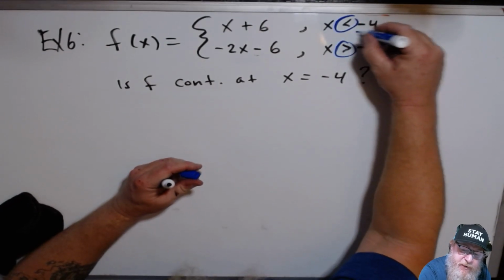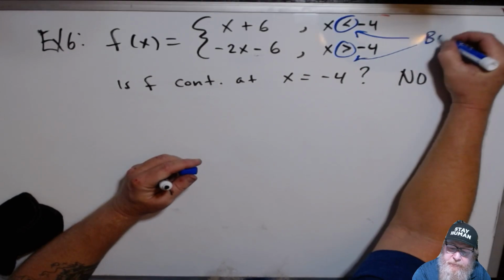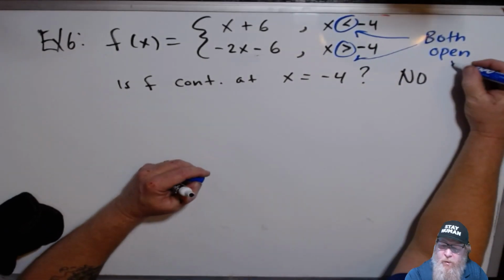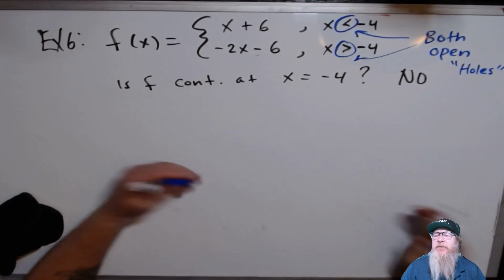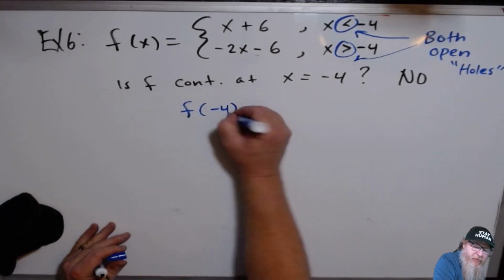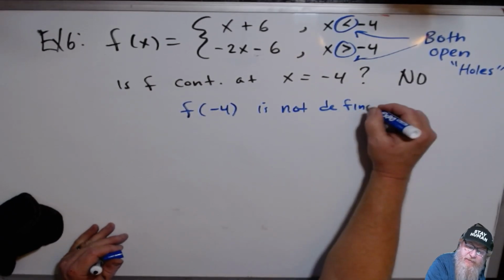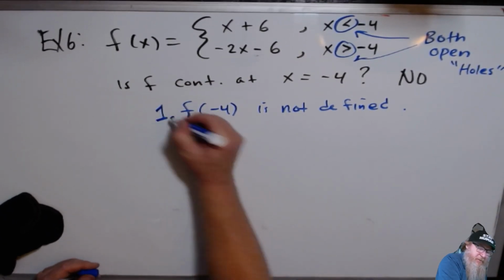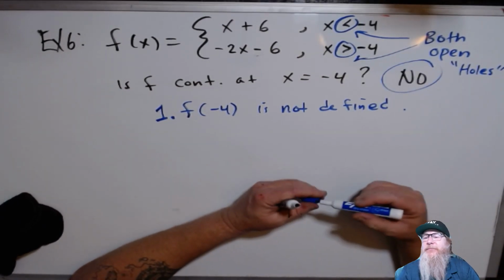None of these are equal to. These are what we call open holes. Yeah, there's no or equal to. So f of negative 4 is not defined. It violates the very first rule. So the answer is no.